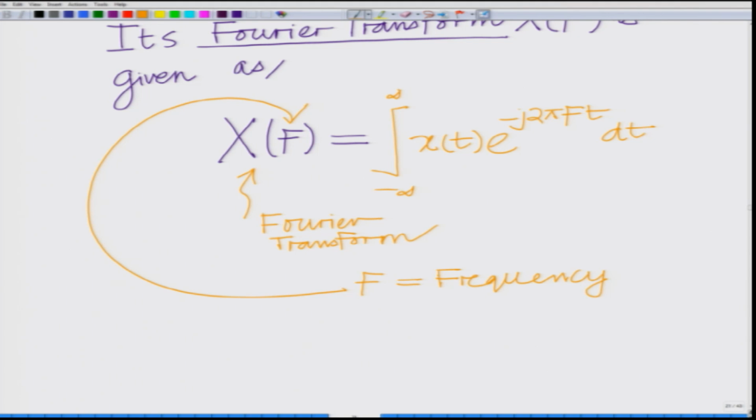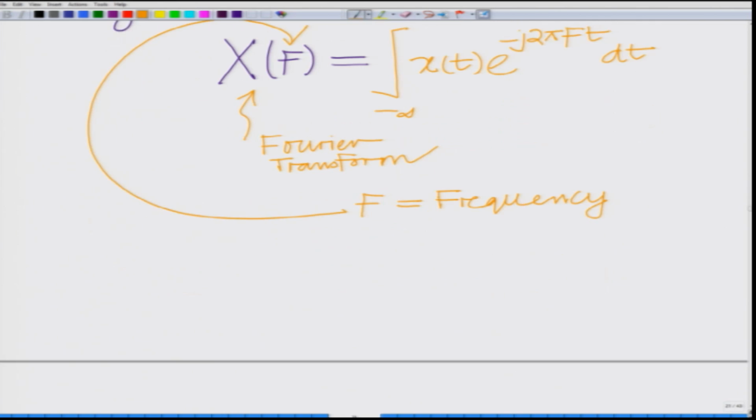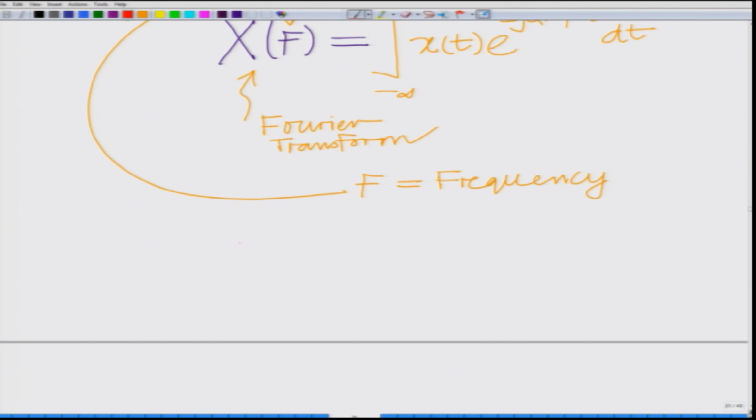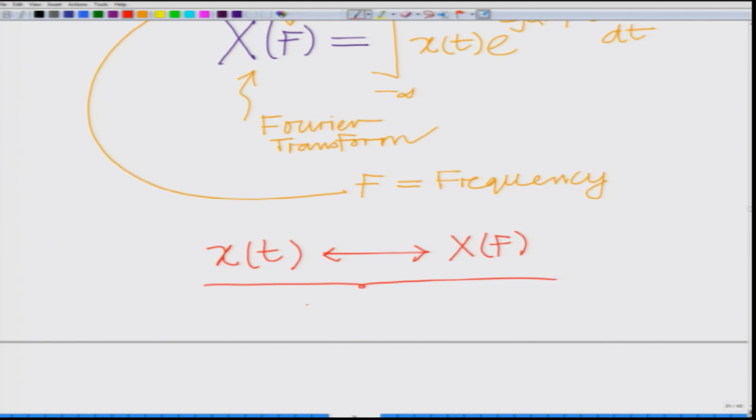We call the signal x(t) and its Fourier transform X(f) a Fourier transform pair, and it is denoted by this symbol.